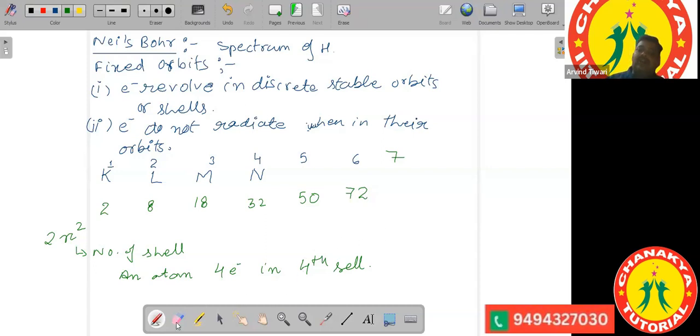Or if you are getting confused with the fourth shell, let me give it as the third shell only. So an atom has 3 electrons in the third shell. What will be the total number of electrons? You have to give me the total number of electrons, the number of protons, and the atomic number. And at the last, you have to identify the element.